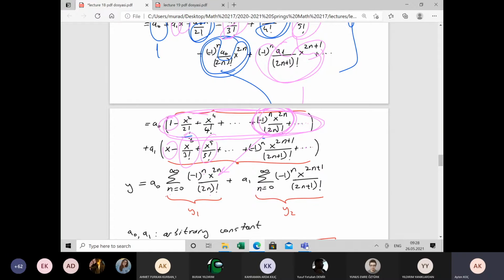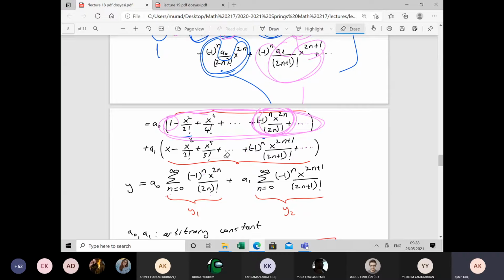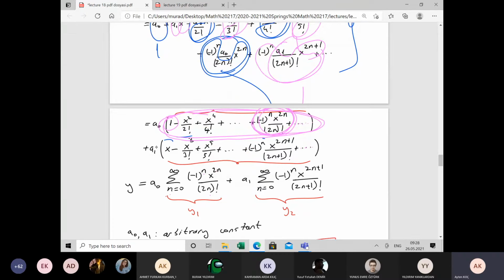And the next one: look at the next part, this one.